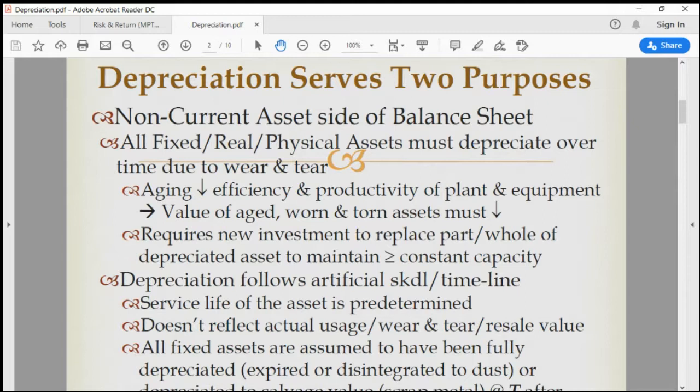So when we say depreciation, people easily understand: oh well, it's a decrease in value. If you have a car, of course, over time the car loses value.